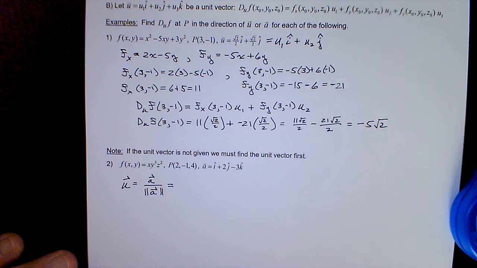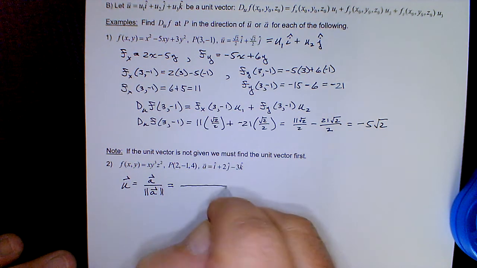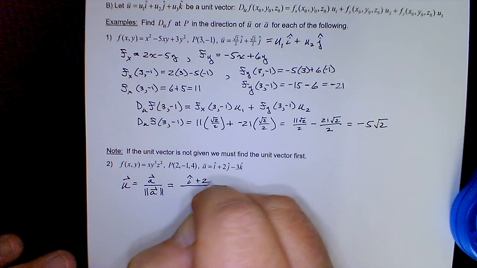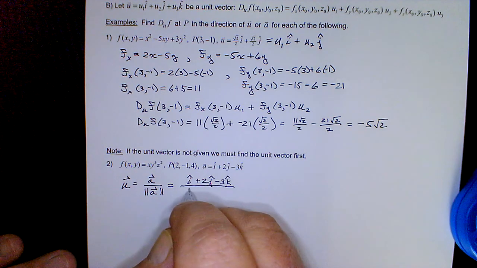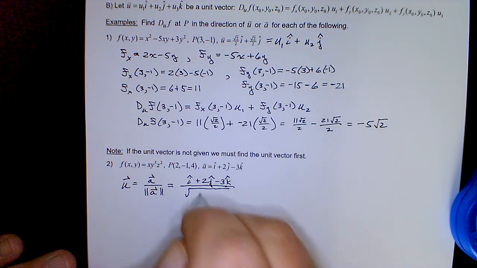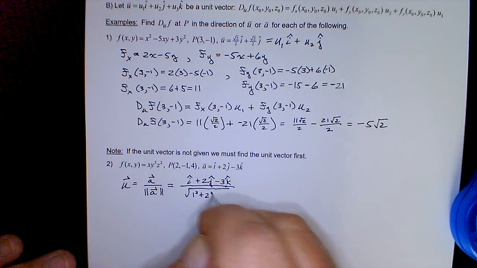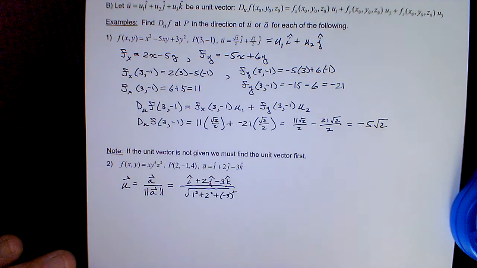First we'll have i plus 2j minus 3k over magnitude, recall, square root of the sum of the squares. So 1 squared plus 2 squared plus a negative 3 squared.